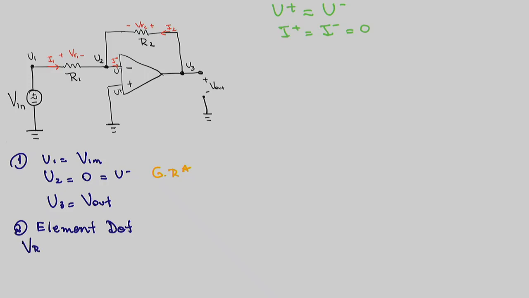Voltage across resistor 1 will be R1 times I1. Voltage across resistor 2 is going to be R2 times I2.